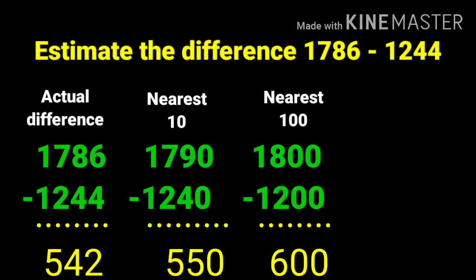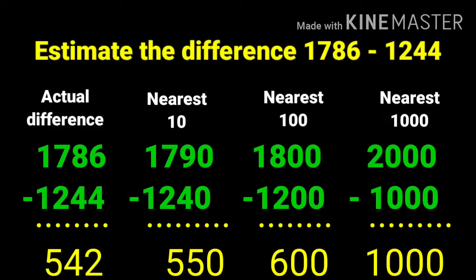Now see the estimated difference to the nearest 1000. Now we have to round off 1786 to the nearest 1000. 1786 lies between 1000 and 2000. 1786 is nearer to 2000, so it will round to 2000.